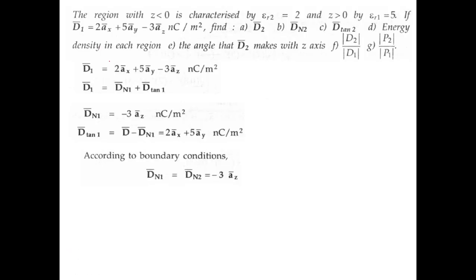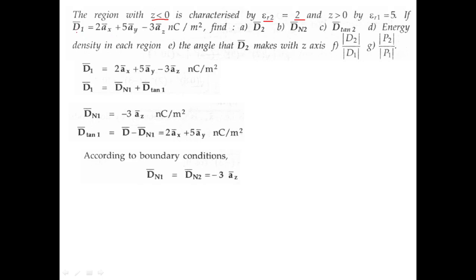This is a problem based on boundary conditions. The region with Z less than 0 is characterized by epsilon R2 as 2, and for Z greater than 0, epsilon R1 is equal to 5.